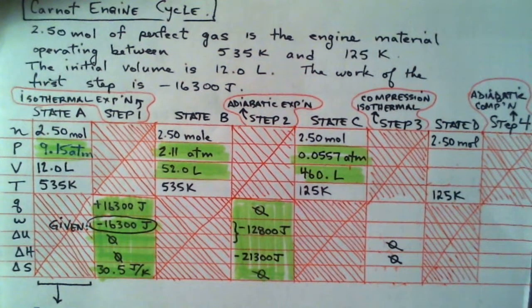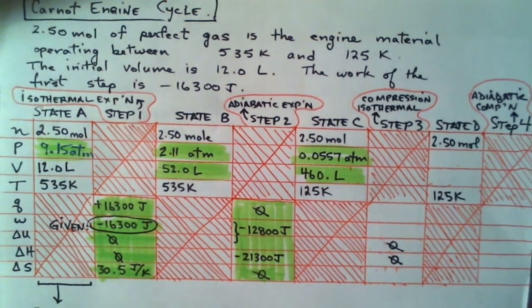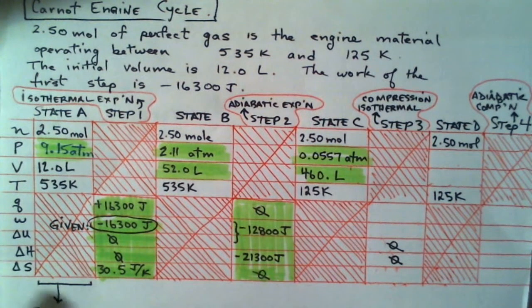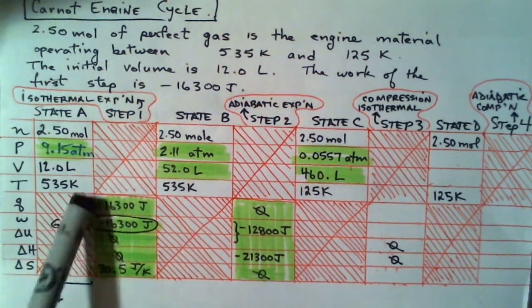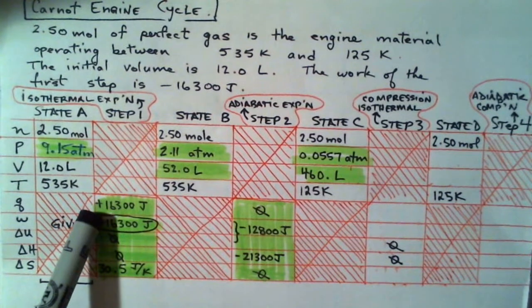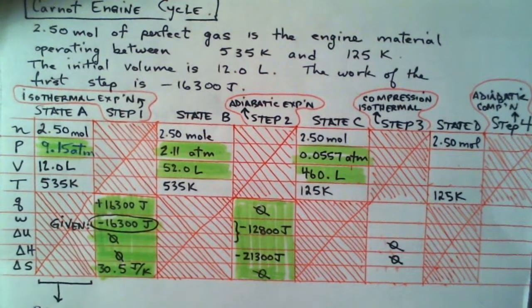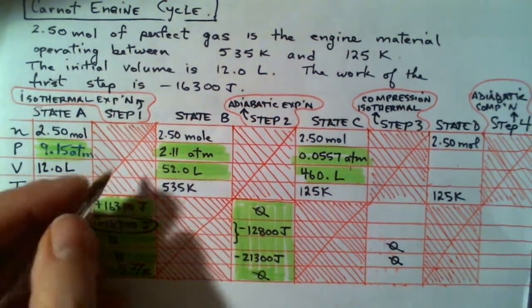Have a look. Which cell would be labeled Q sub H for Q hot? It would be one that depicts the Q coming from the high temperature source into the engine initially, right? So it's that one, 163.00 joules. So this is the Q hot right here.